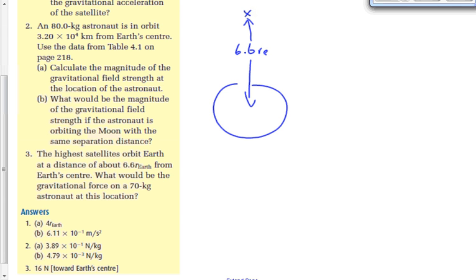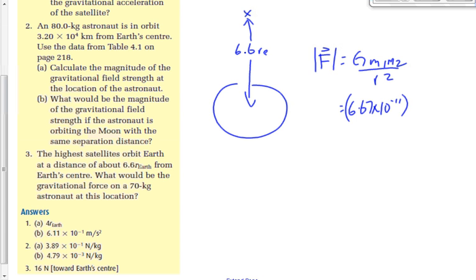There's two options here. Here's the first option, and I think this is the easiest. Solve for force. The mass of the astronaut, I should say, is 70. The mass of the Earth is 5.97 times 10 to the 24.